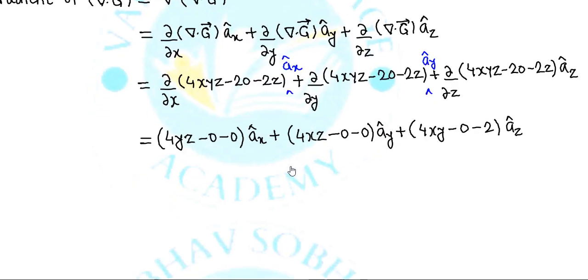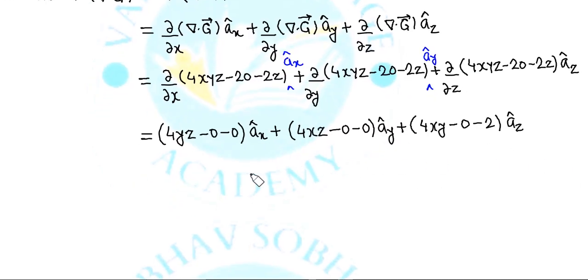Now rewrite that, since we have found the gradient of the divergence of the given vector g, which in terms of symbols is del into del dot g. And what is the answer that we have?